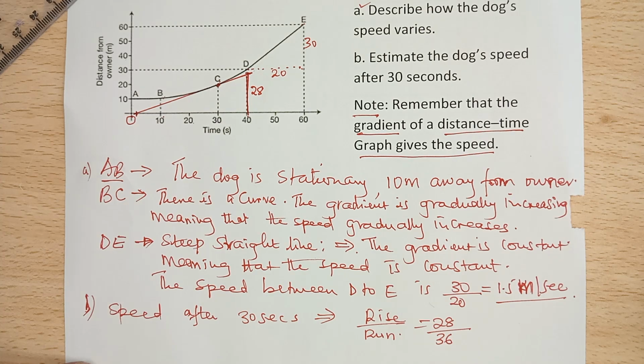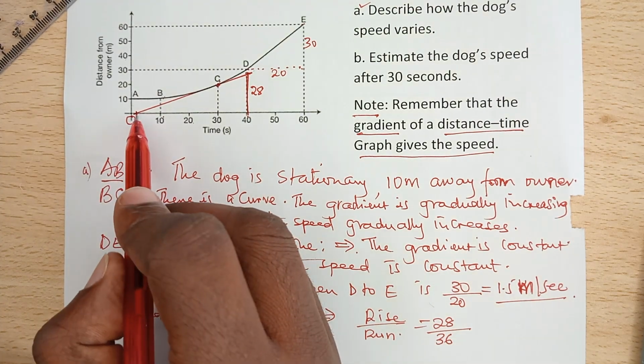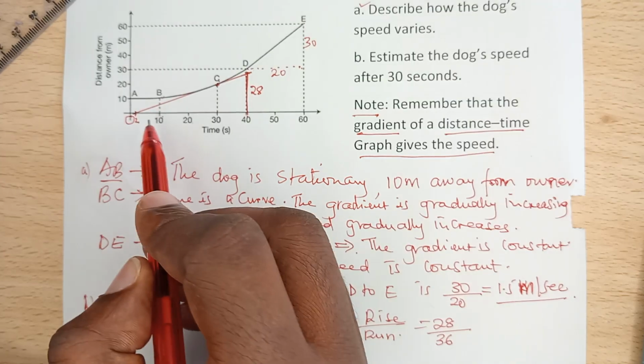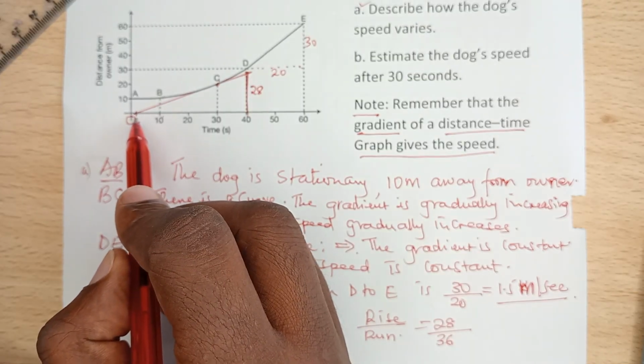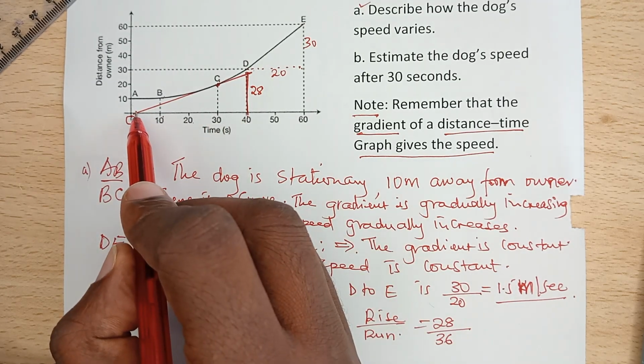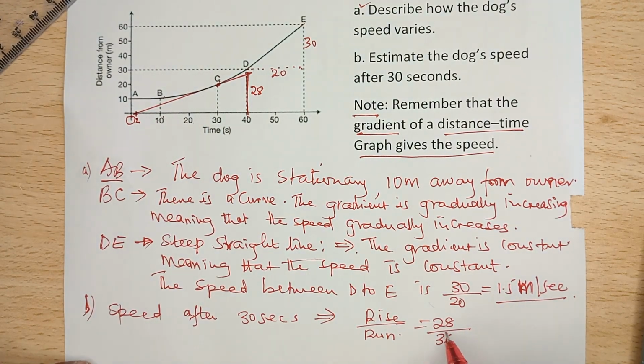But the run is 40 minus 2 or 3, which is about 37.